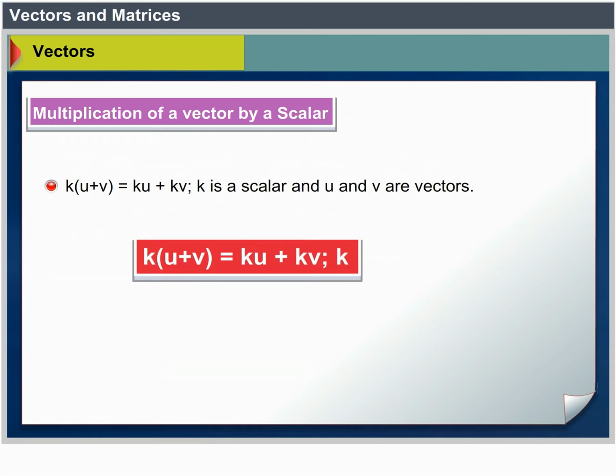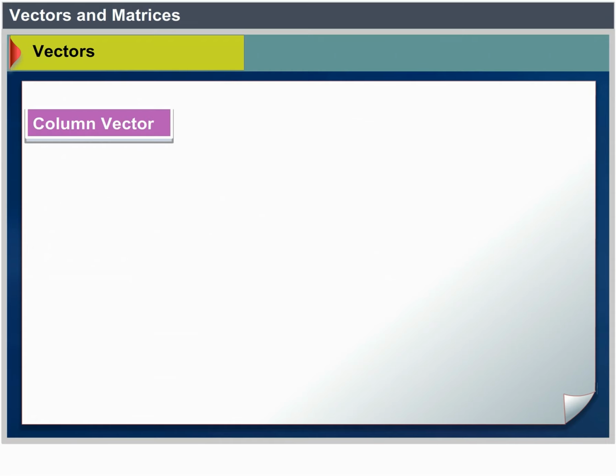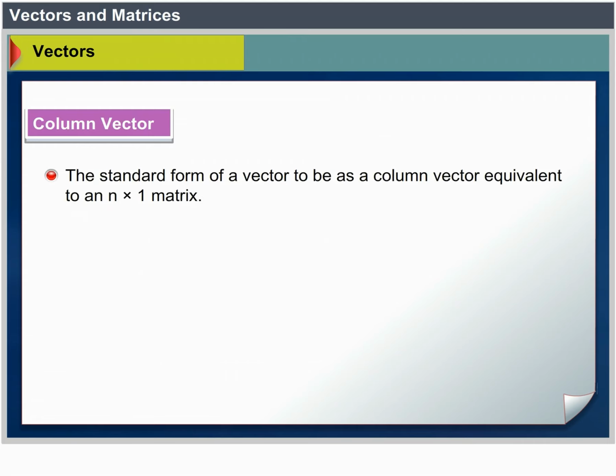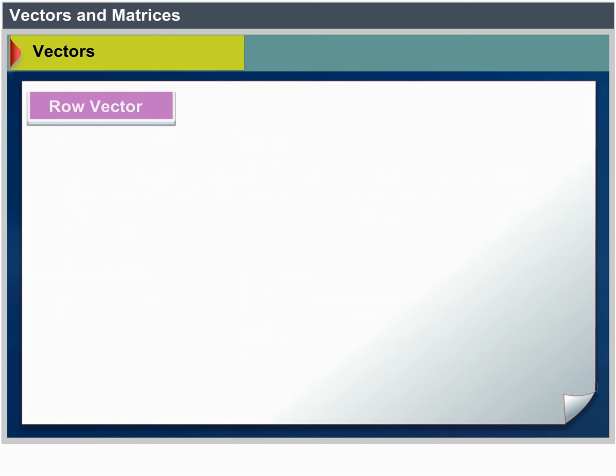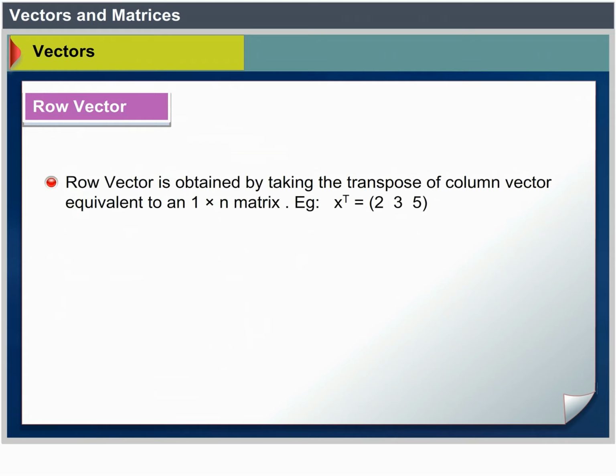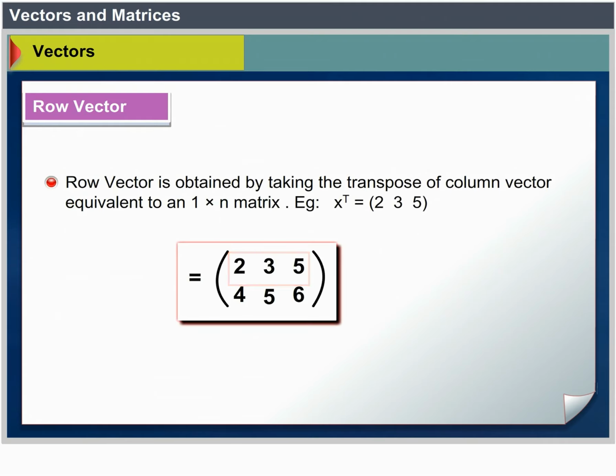Column vector. The standard form of a vector is a column vector, equivalent to an n by 1 matrix. Example: x = (2, 3, 5). Row vector. A row vector is obtained by taking the transpose of a column vector, equivalent to a 1 by n matrix.